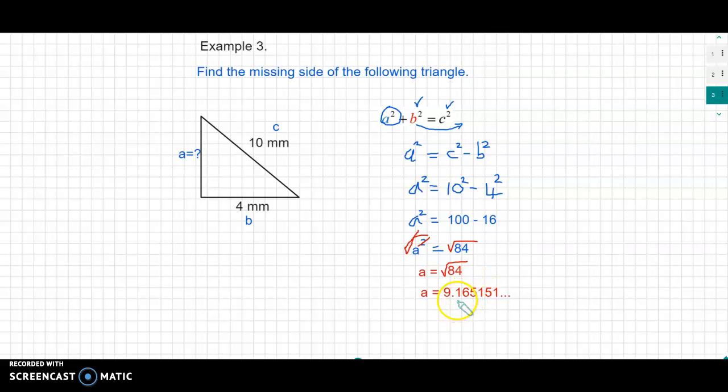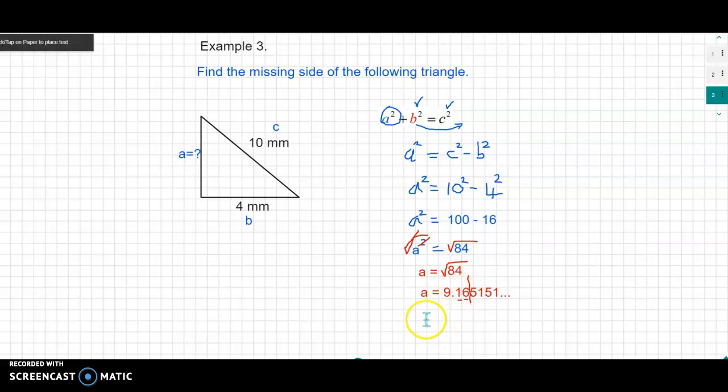So we round the decimal. We check the third decimal place. If it is equal to or greater than 5, we increase the second decimal place. Since this is 5, we increase this unit to 7, so that will be 9.17.